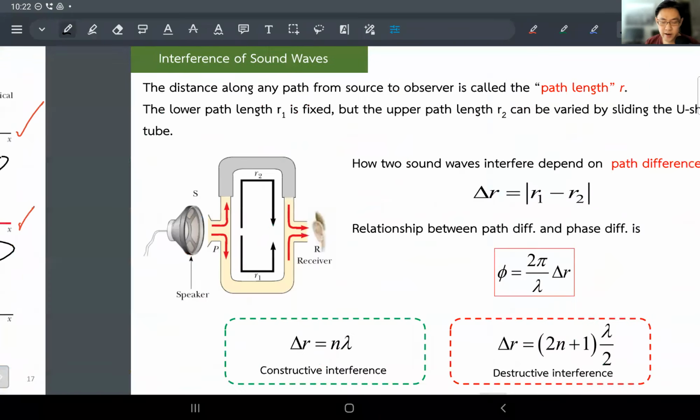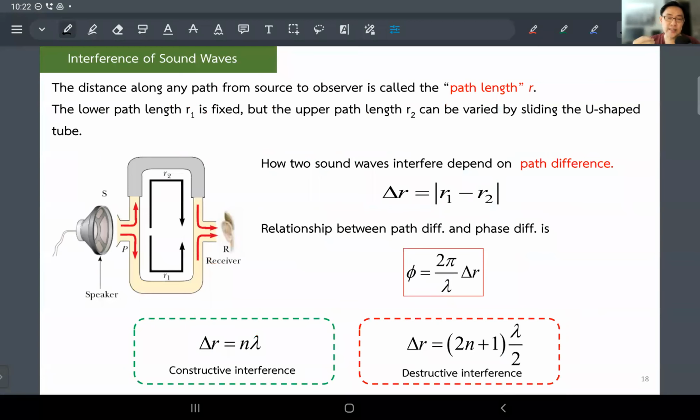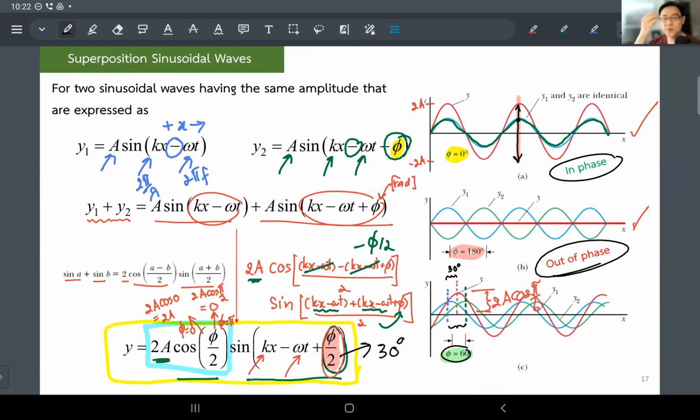Okay. Now, think realistically. Everything is cool. You know how to write the mathematical descriptions of waves. You can do the combination, do the trigonometric stuff, and everything is good. But in reality, who will measure the waveform or the wave function, right?